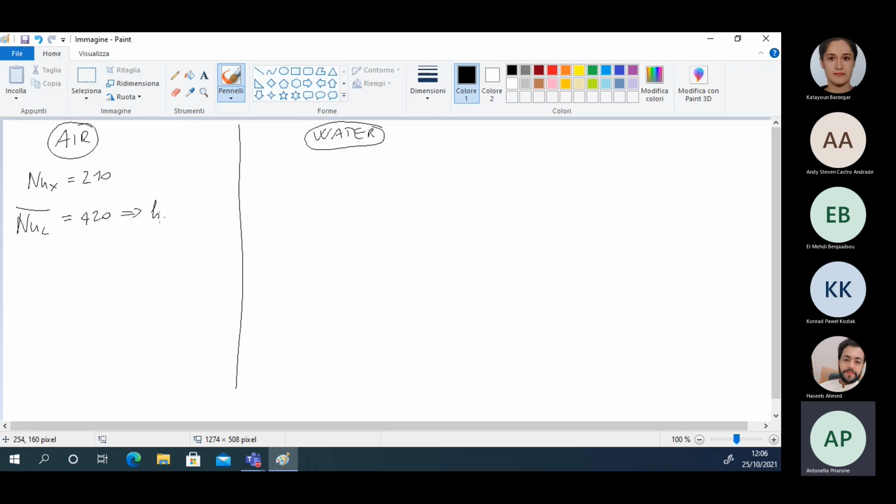So if I calculate the average value of the H coefficient, I obtain 6.81 watt per square meter Kelvin in case of air.